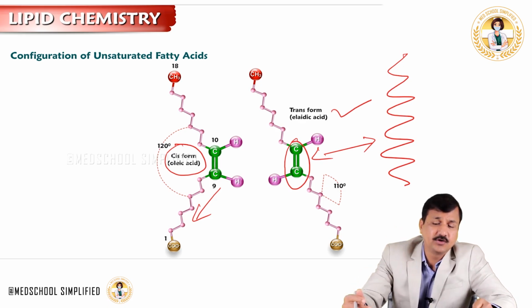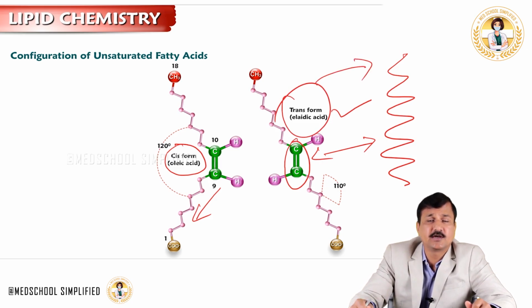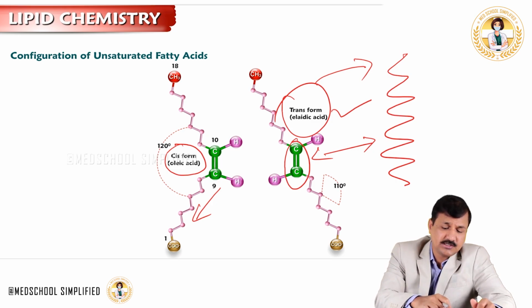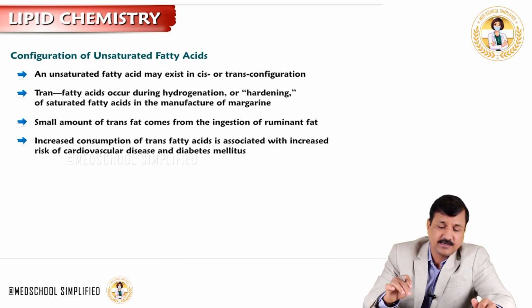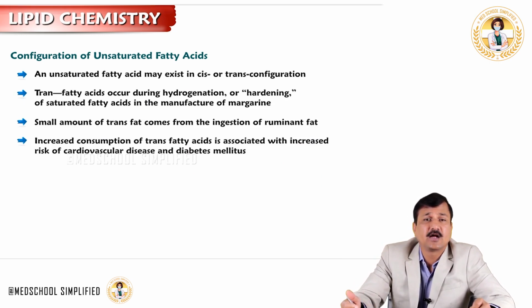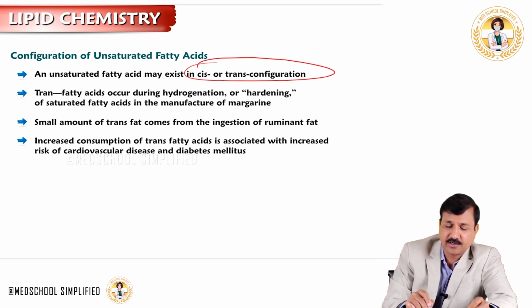That's why foods that contain higher amounts of trans unsaturated fatty acids are equivalent to saturated fatty acids, and they correlate positively with atherosclerosis and cardiovascular events. That's why consumption of trans fatty acids is not good for health. Now, an unsaturated fatty acid can be in cis or trans configuration.